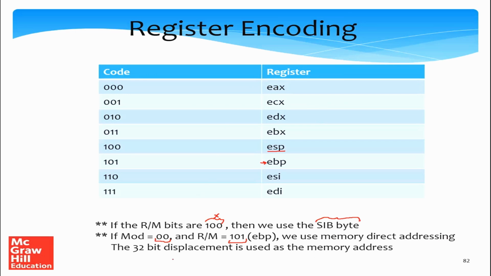In this case, we don't use any registers in the addressing. Instead, the 32-bit displacement is inferred as a memory address. So we directly use that as the memory address. For example, nothing stops us from writing an instruction of this form.